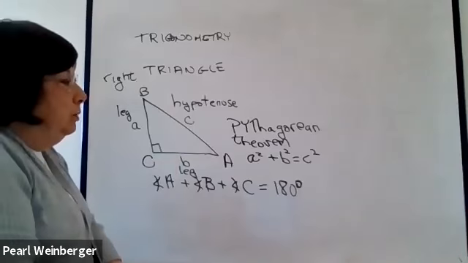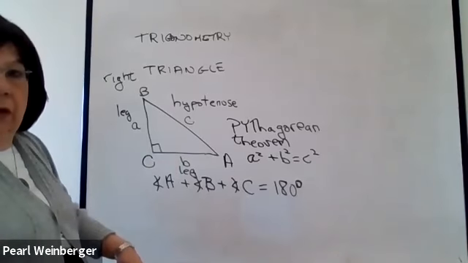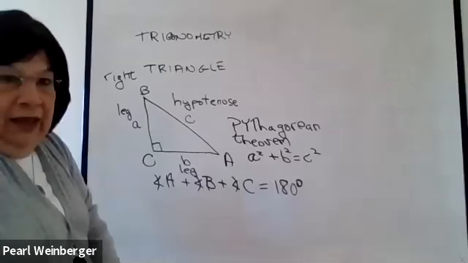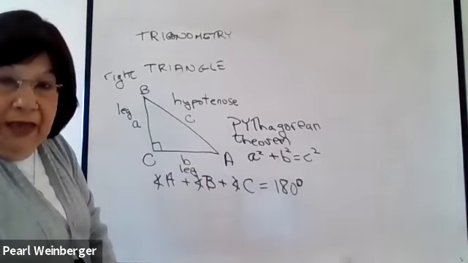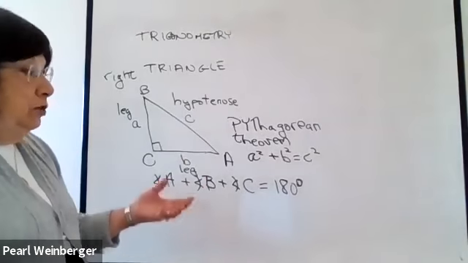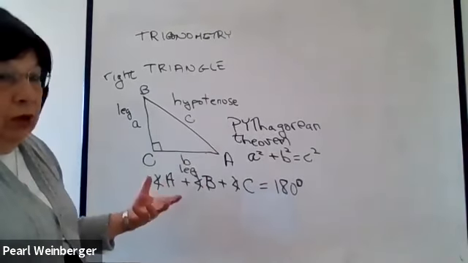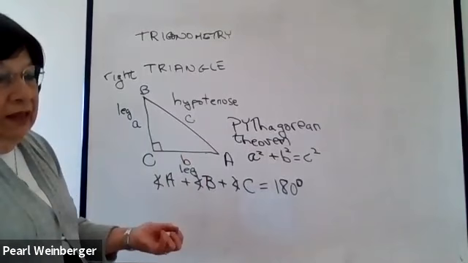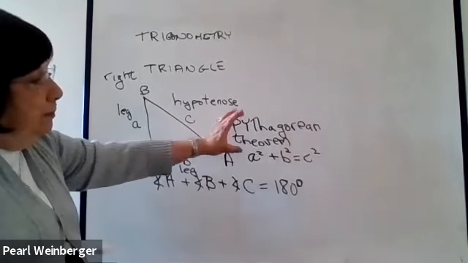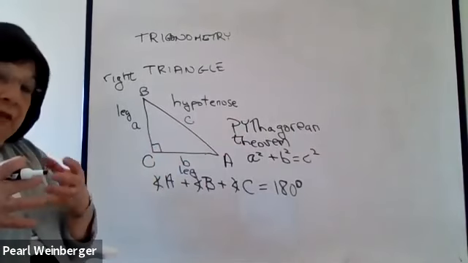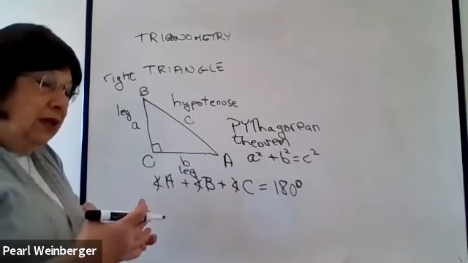Now, where does this word Pythagorean come from? It's named for a Greek mathematician called Pythagoras. It was such an important thing that he discovered that his name was given. But again, this goes back to Greek times.